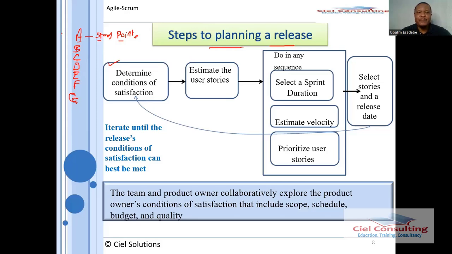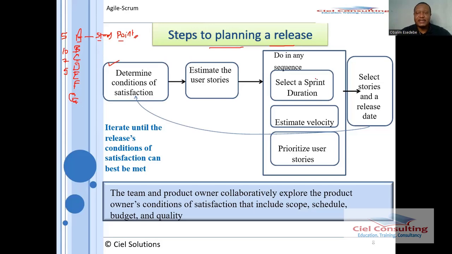Say, for example, A might be given a point of 5, then B might be given a point of 10, then C might be given a point of 7, and D might be given a point of 5. And that's what we refer to as story point. So at this point, this is what you do during the estimate user stories. That's when you determine the story points for your user stories.